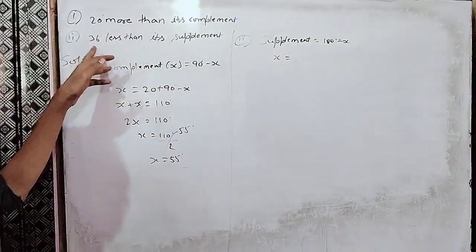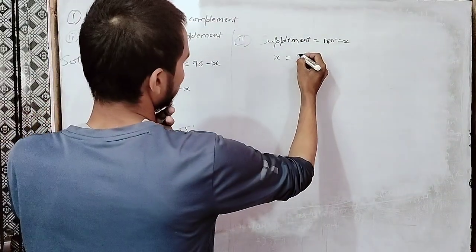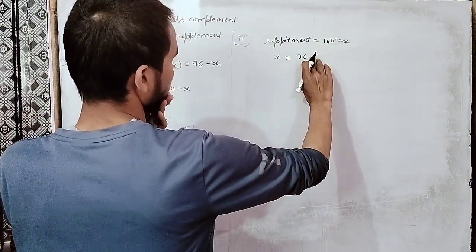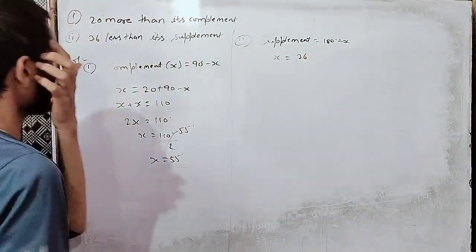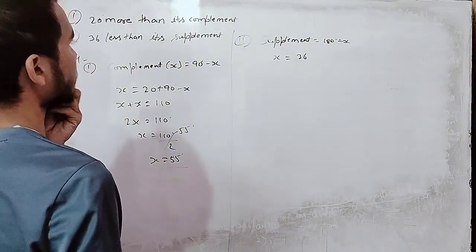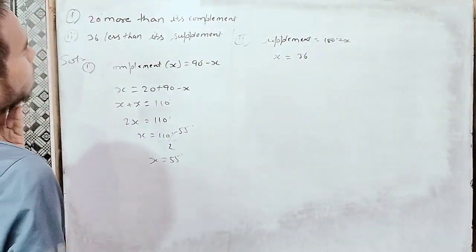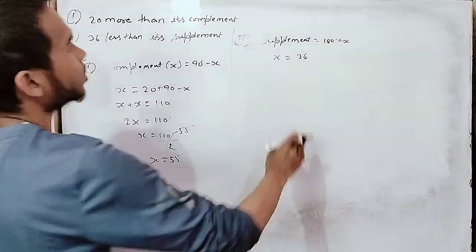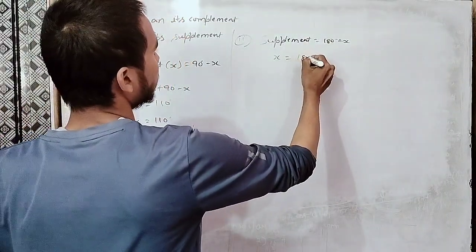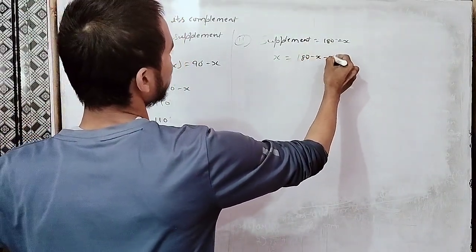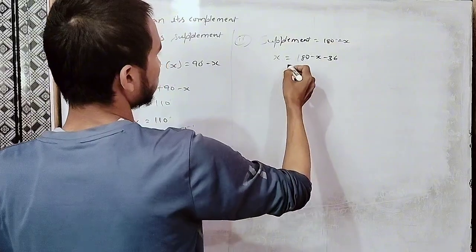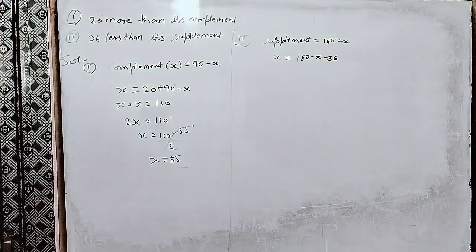So how much? 36 less than its supplement. Can we write 180 minus x minus 36? And it is just what? Linear equation.